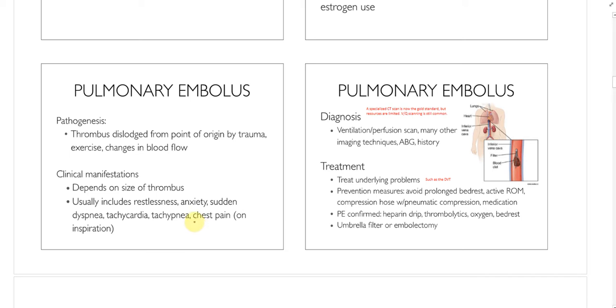And then a lot of people may mistake this as being an MI or acute coronary syndrome. It's important to make sure that we are looking at whether or not this is actually an MI. But one way to think about whether this actually is an MI or a PE, or pneumonia, there's a bunch of other reasons, is that people who are experiencing an MI generally don't have pain on inspiration or that worsens with inspiration.